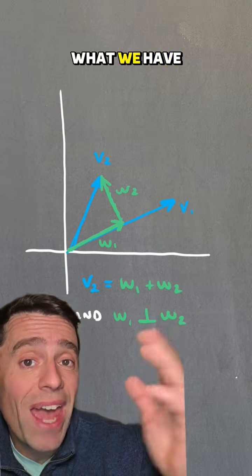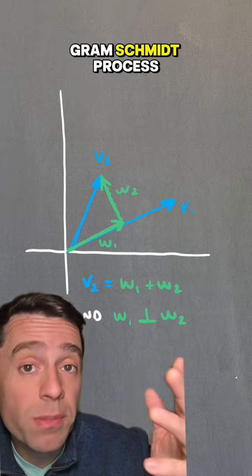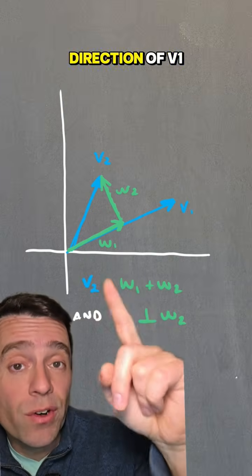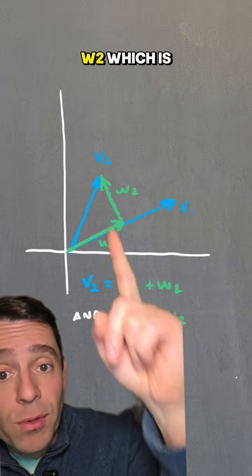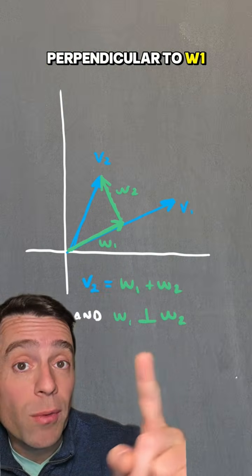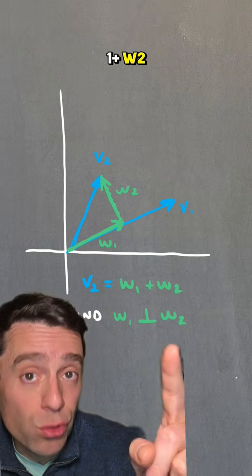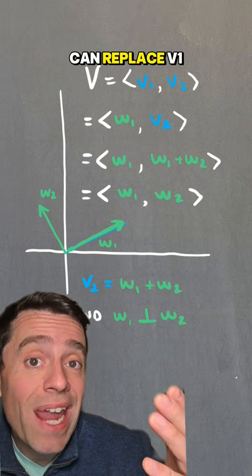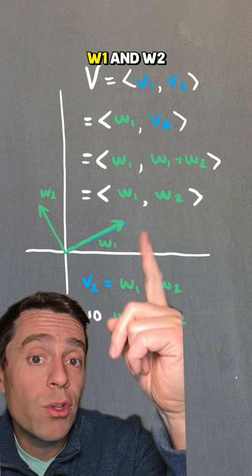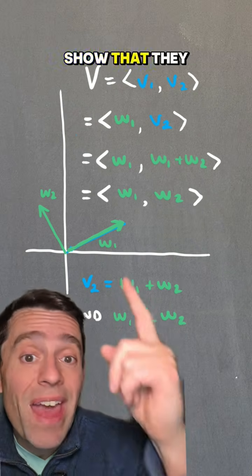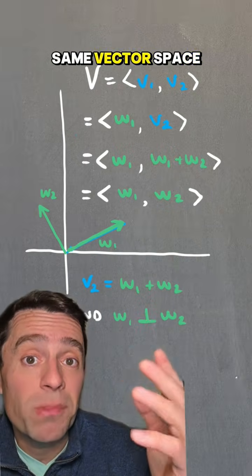So in this case, what we have done through the Gram-Schmidt process is find a vector w1 that is in the direction of v1 and a vector w2 which is perpendicular to w1 and such that v2 is w1 plus w2. And now I can replace v1 and v2 by w1 and w2 because those equalities show that they actually span the same vector space.